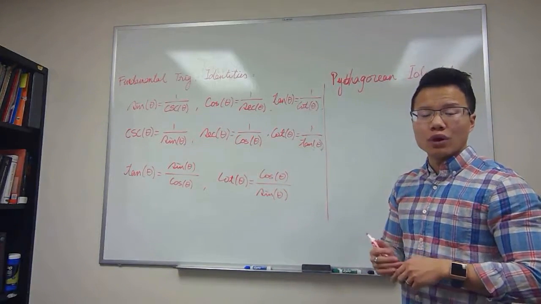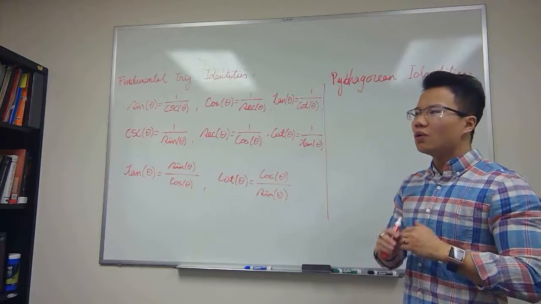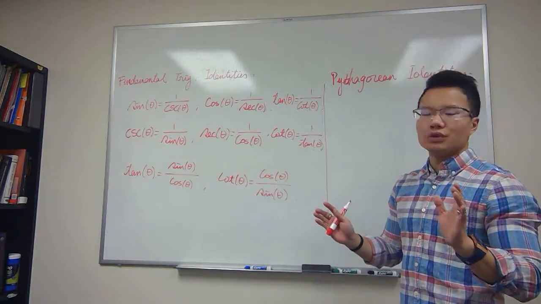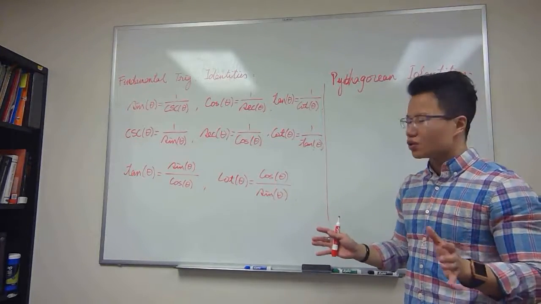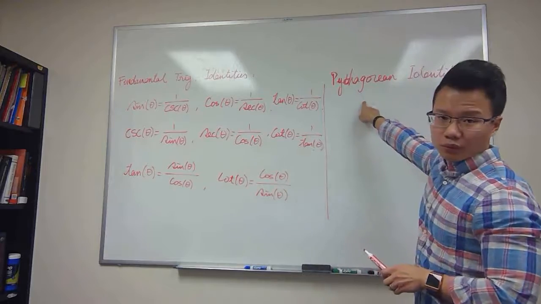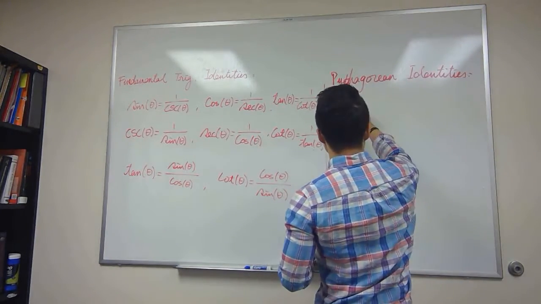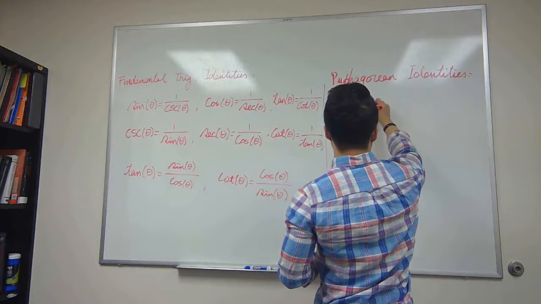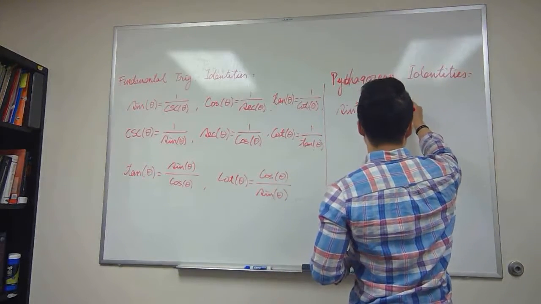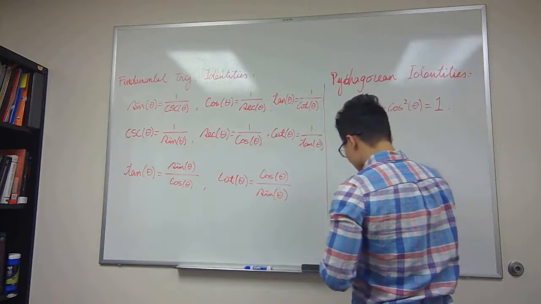And I really want you guys to memorize at least the first one. If the only thing I can choose for you to walk out of this whole trig class knowing is one thing, I would love you to remember the first identity, which is sine squared theta plus cosine squared theta equals 1.